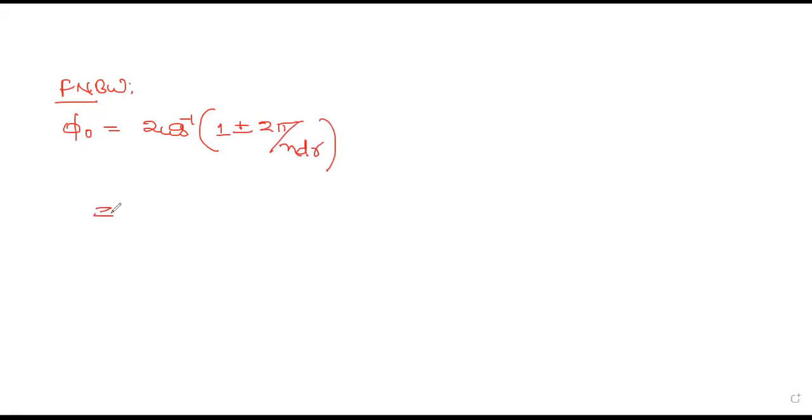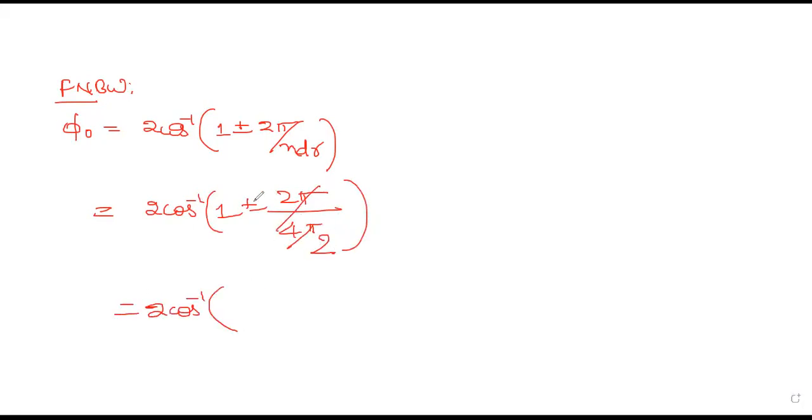So you get 2 cos inverse of 1 plus or minus 2 pi by, N value is 4, DR value is pi. You get 2 cos inverse of 1 plus or minus 1 by 2. So cos inverse of 1 plus 1 by 2 will be 3 by 2. Again, this is invalid.